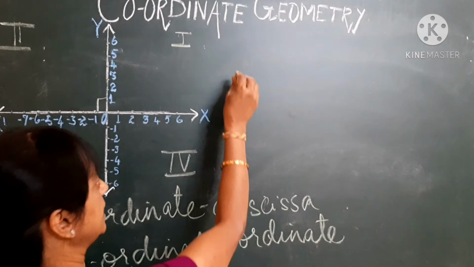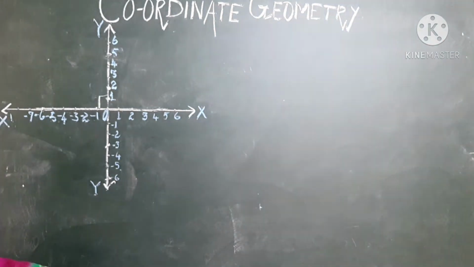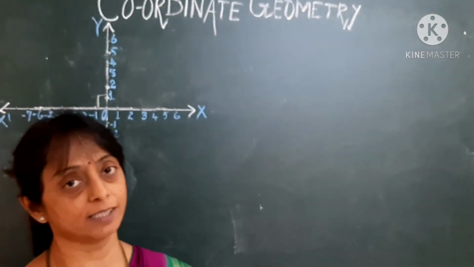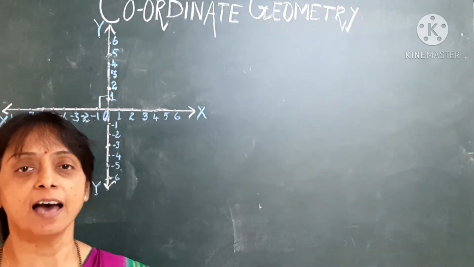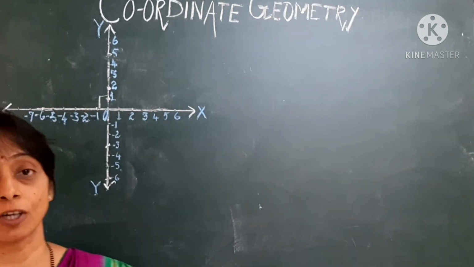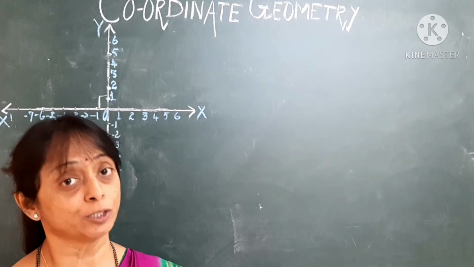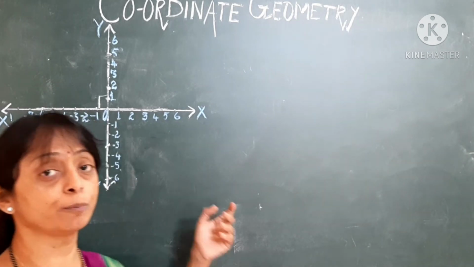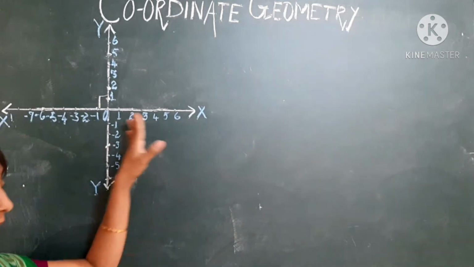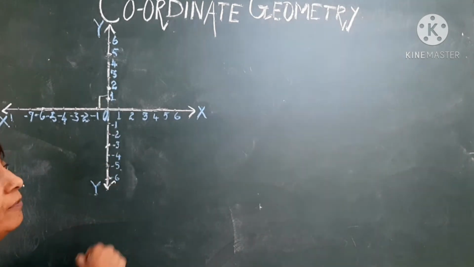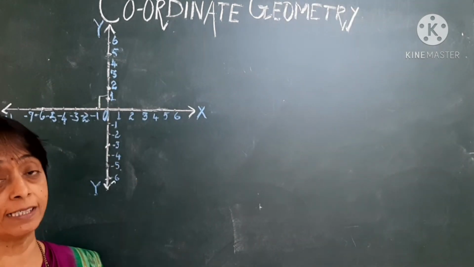We have always seen, children, now that we know that any x coordinate is called as abscissa and any y coordinate is called as ordinate, or together to write down the numerical values of the position of any point lying either on the x-axis or on the y-axis or in any quadrants are called as coordinates.